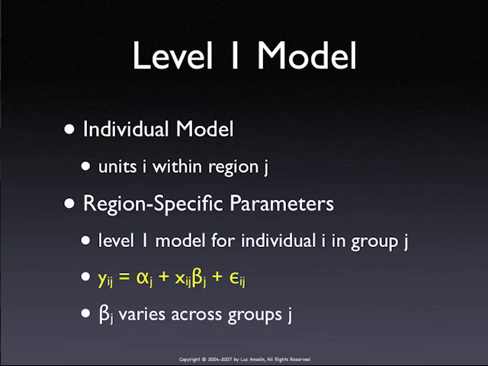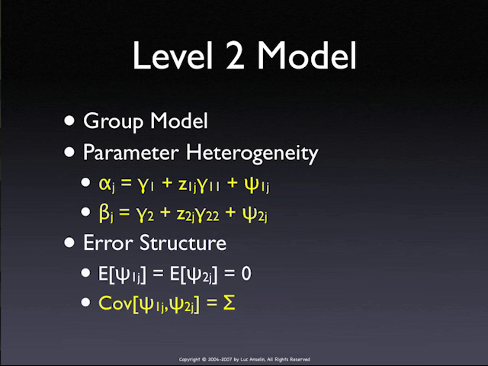So it's similar in spirit to the expansion methods, where again, we let the slope vary. In the expansion method, we let it vary as a function of specific covariates, specific additional variables that we introduced. Here, we let it vary as a function of additional variables, but these variables are at a different scale.